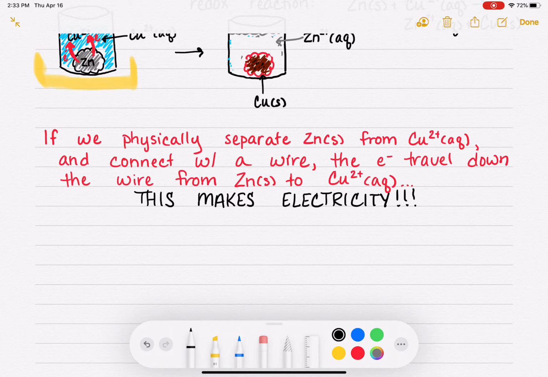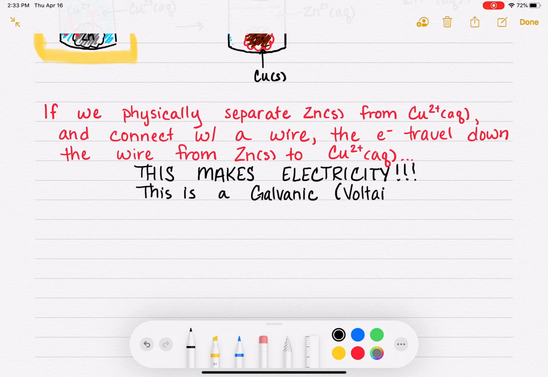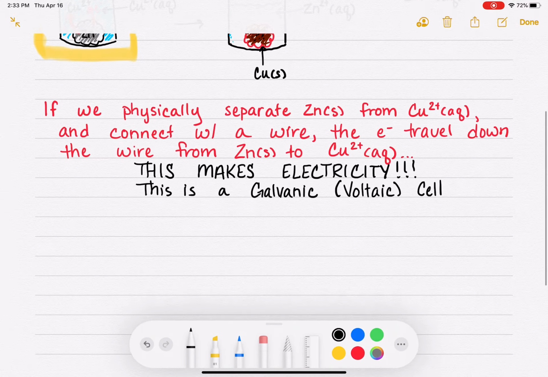This is what we call a galvanic cell. Galvanic cell used to be called the voltaic cell. So you could hear it called either one of those things. So this is what a galvanic cell is going to look like.